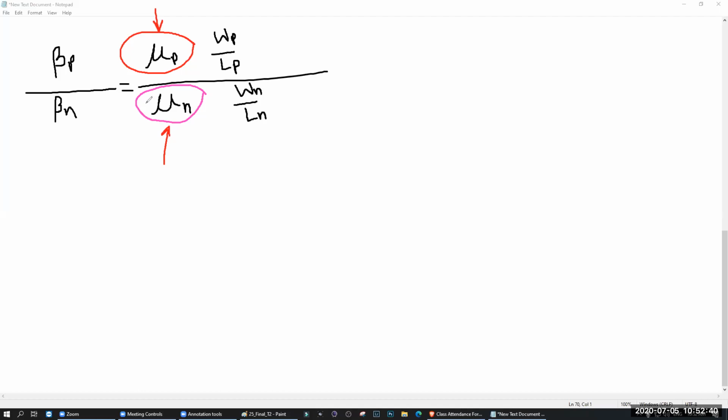Let's say I'm going to replace this with 2, and I'm going to replace this with 1. Understood? Because that was 2 times, that was 1 time, that was 2 times. That's why I replace with 2 and with 1.